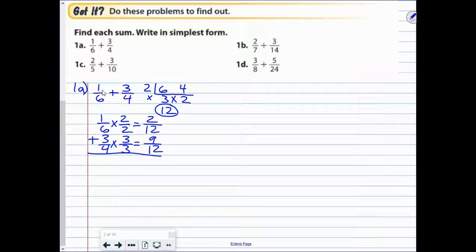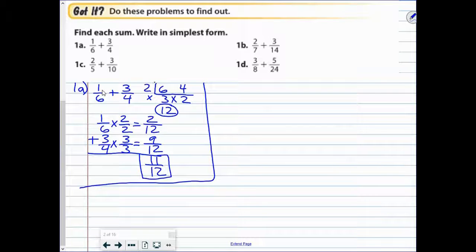Now that they are like fractions, I can add, and 2 plus 9 equals 11, and the denominator stays the same. I check to see if I can simplify, which I cannot, and I have a proper fraction. So my answer is 1/6 plus 3/4 equals 11/12.